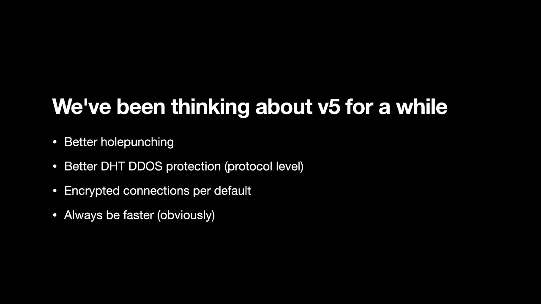Then a big improvement we think makes the swarm easier to use is that we're moving the encryption layer for the protocol down into the swarm. Right now, the full encryption layer is actually running in the hypercore protocol itself, and the swarm just returns what we call raw sockets, which just means a TCP or a UTP socket.